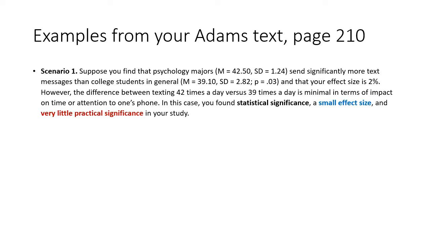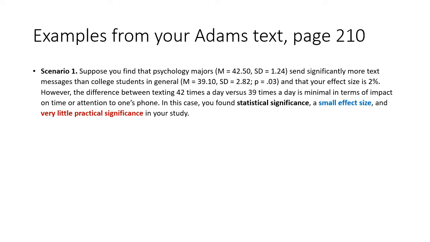And college students in general had a mean of 39 with a standard deviation of 2.82 and a p-value of 0.03. So significant finding. And your effect size was 2%, small, just above small. And so you look at your results and you see that the difference between texting 42 times a day versus 39 times a day is minimal.